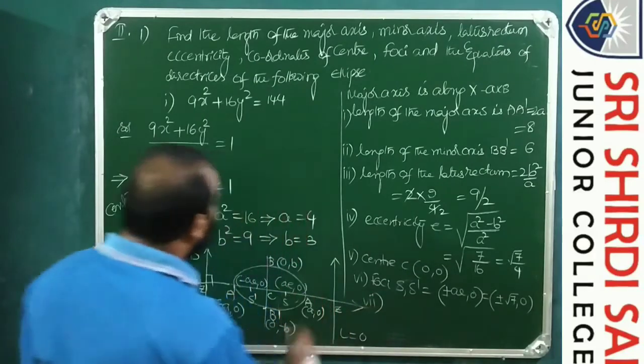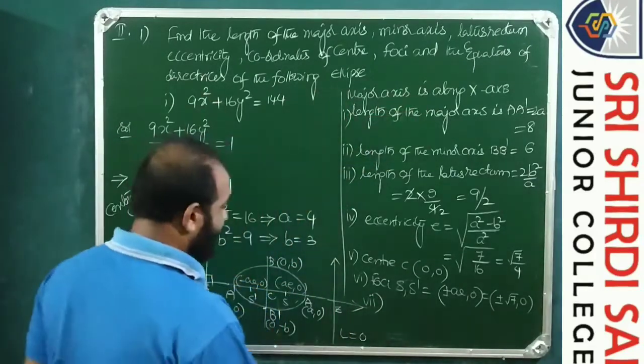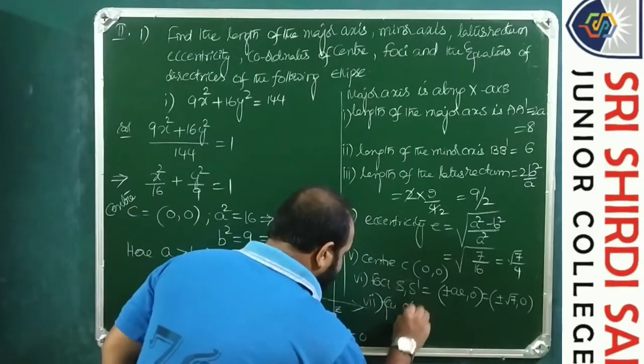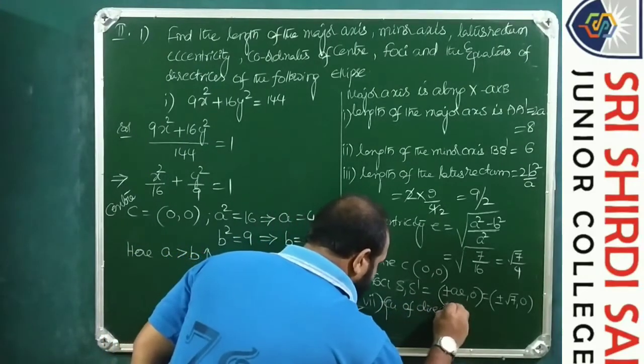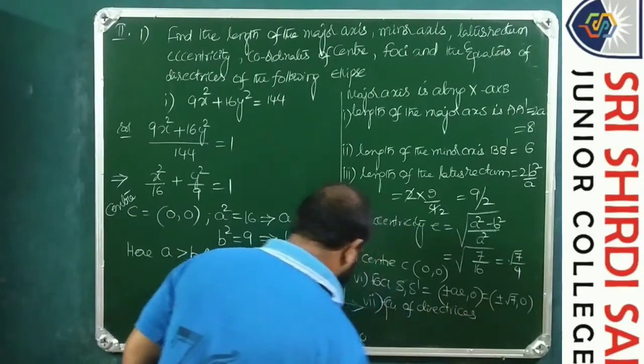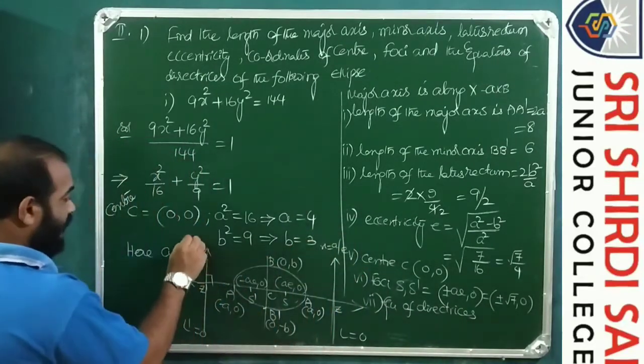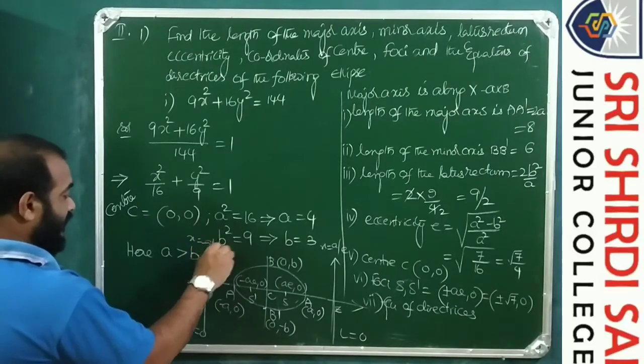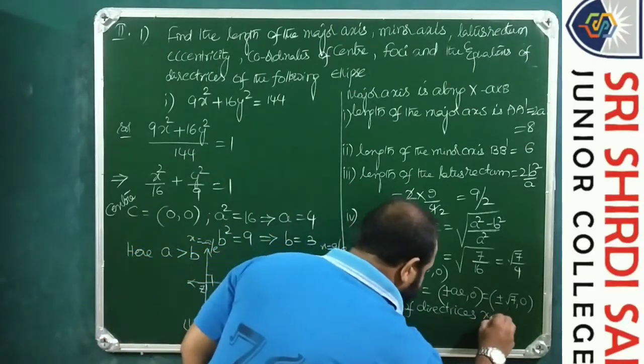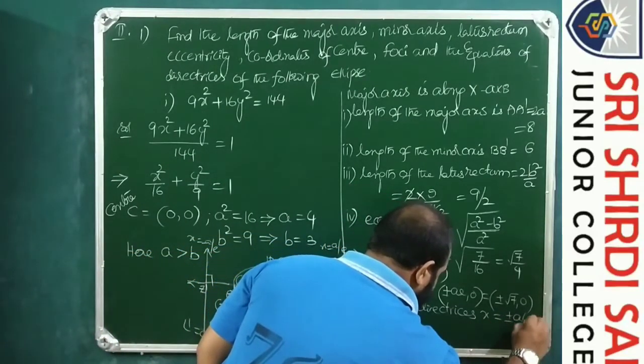And the equation of the directrices: x is equals to a by e and x is equals to minus a by e. So x is equals to plus or minus a by e.